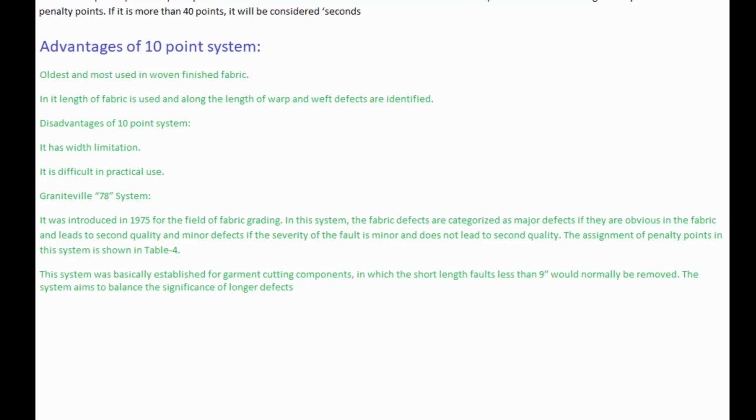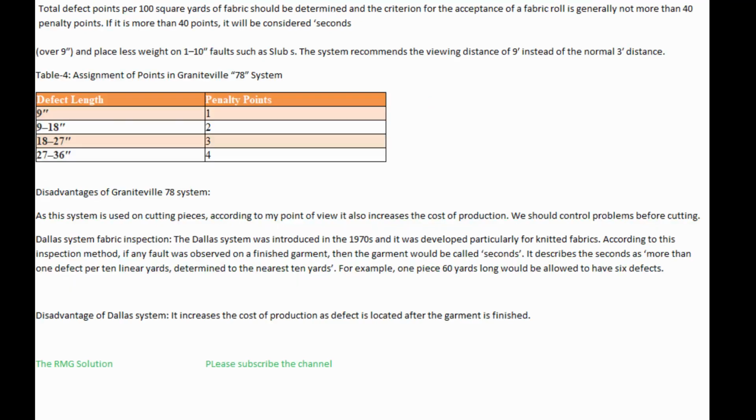This system was basically established for garment cutting components, in which the short length faults less than 9 would normally be removed. The system aims to balance the significance of longer defects over 9 and place less weight on minor faults such as slubs. The system recommends the viewing distance of 9 instead of the normal 3 distance.